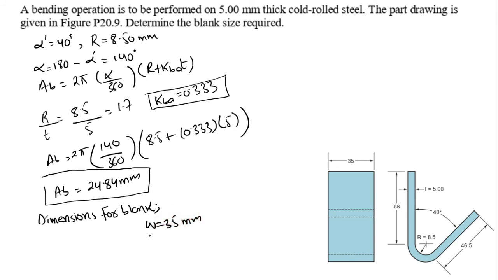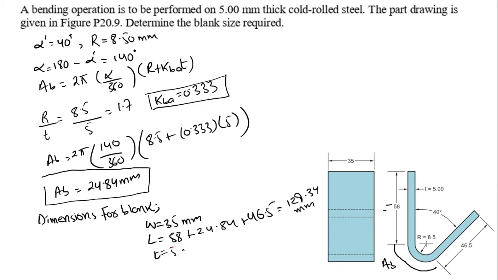We have the length, that should be equal to 58 plus the bend allowance, 24.84, plus 46.5, that's the length, so that would be equal to 129.34 millimeters, and we know that the stock thickness is 5 millimeter. So this is the dimension for the blank.